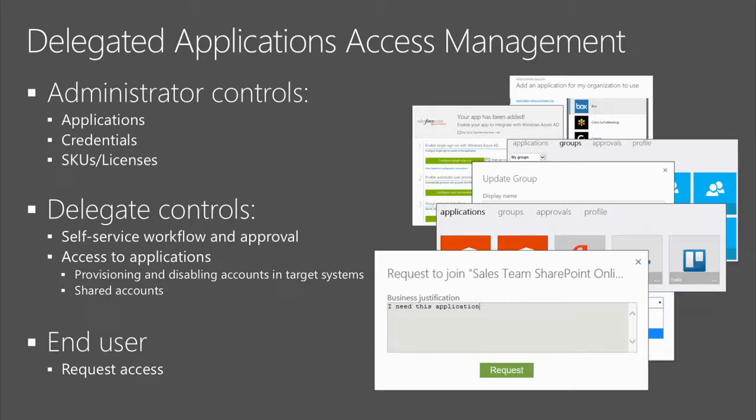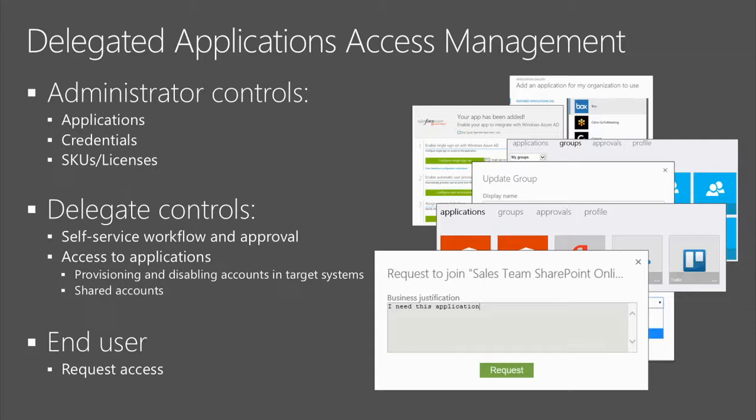You, IT, the administrators, maintain control of which groups are assigned to which applications. You maintain control of which users have responsibility over those groups. You hand over control over membership in the groups and the join policy.